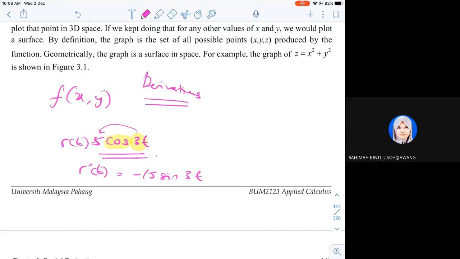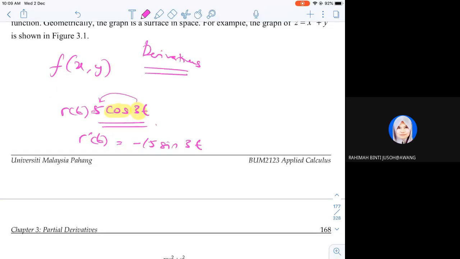But a lot of you do it wrongly. I don't know why. You have to be careful. Differentiate is not the same as integrate. If you integrate r(t) dt, it becomes 5 over 3 sine 3t plus c.